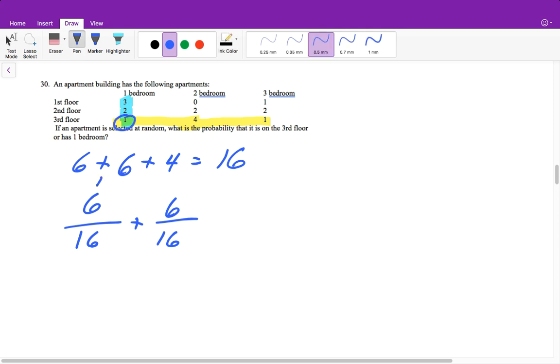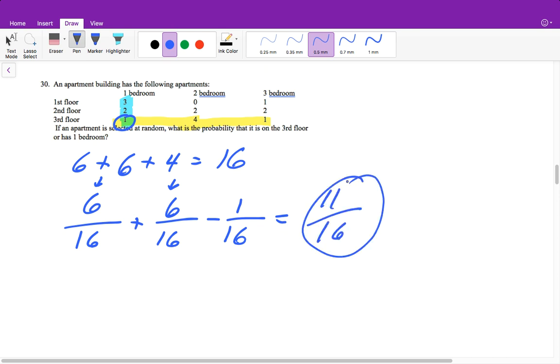We accounted for it in our 3rd floor, and we accounted for it in our 1-bedroom. So since we counted it twice and it's only one apartment, we need to subtract it out. So 6 plus 6 is 12, minus 1 is 11, so that means 11 over 16. So if we are choosing an apartment at random, we have the probability of 11 out of 16 to pick an apartment that is either on the 3rd floor or has 1 bedroom.